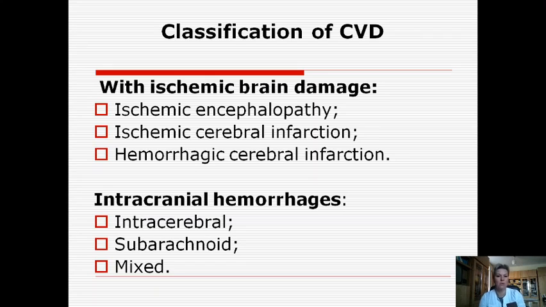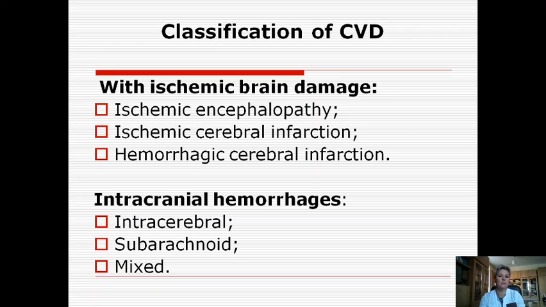Ischemic and hemorrhagic. Ischemic brain damage includes ischemic encephalopathy and ischemic cerebral infarction. Ischemic encephalopathy we see due to partial blockage of cerebral arteries. Cerebral infarction is the result of full blockage with the help of thrombosis, embolism, and atherosclerotic plaque with spasm.